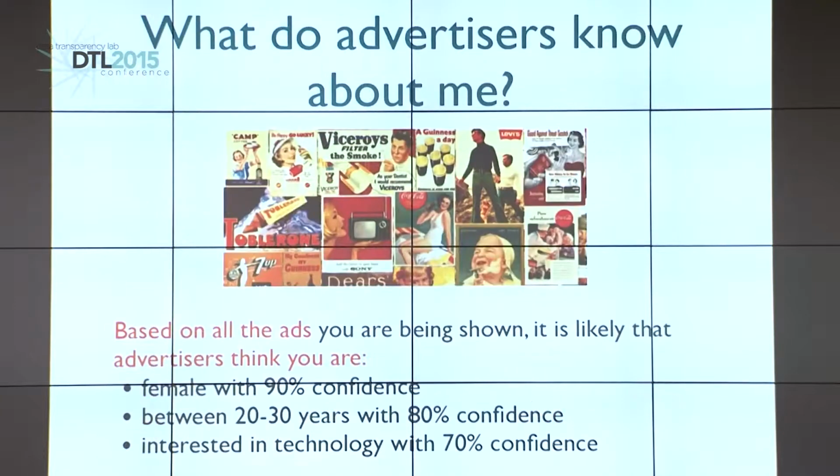Secondly, we would like to have an aggregate view that is based on all the ads that people received over time and infer what the advertisers could potentially know about them. For example, here it says, based on all the ads, the advertiser thinks you are likely female with 90% confidence, between 20 and 30 years old, and interested in technology with 70% confidence. This is it. Thank you.